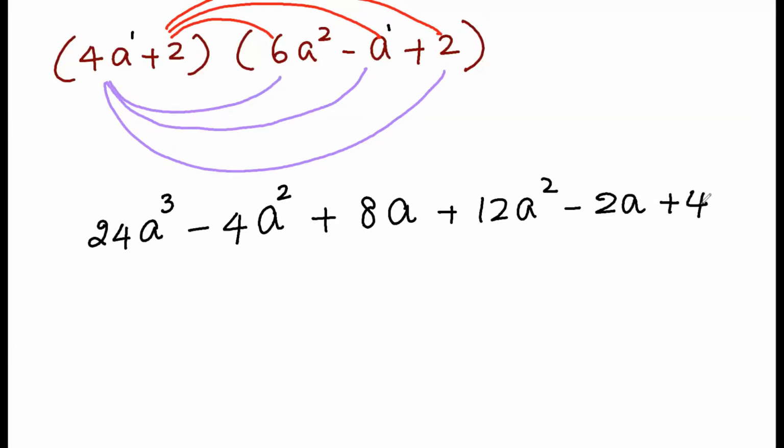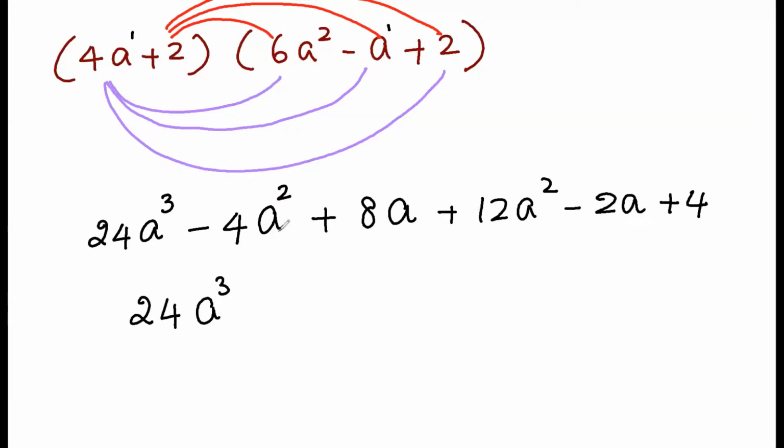Now, let's go ahead and combine like terms. So there is only one a cubed term, so that's going to simply remain as 24a cubed. If you notice, you see two a squared terms, so I'm going to add those.